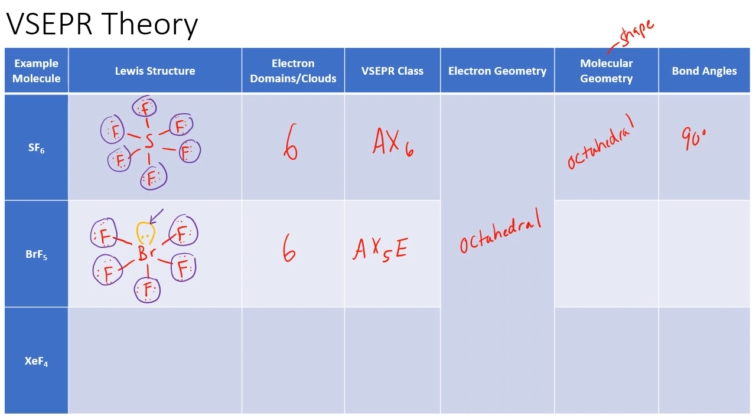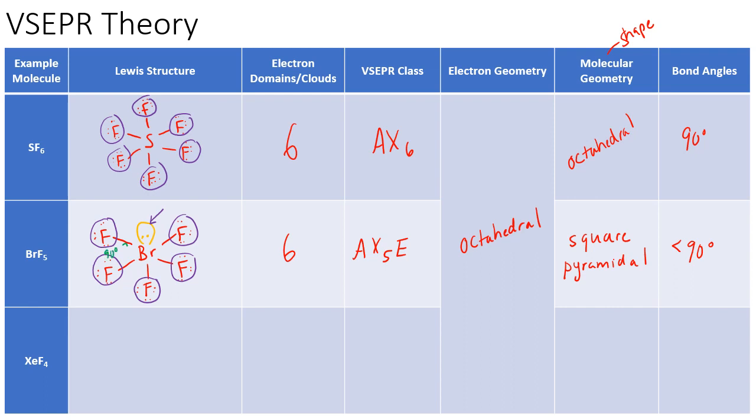And when we replace one of our bonding domains with the non-bonding domain, our shape changes a little bit from octahedral, and it takes on a square pyramid type shape, or square pyramidal. Now we have 1 lone pair that's pushing down slightly, shrinking those bond angles a little bit. So our bond angles are going to be slightly less than the perfect 90 degrees. For example, if we have a fluorine, bromine, fluorine bond that we measured, it would be a little bit less than 90.